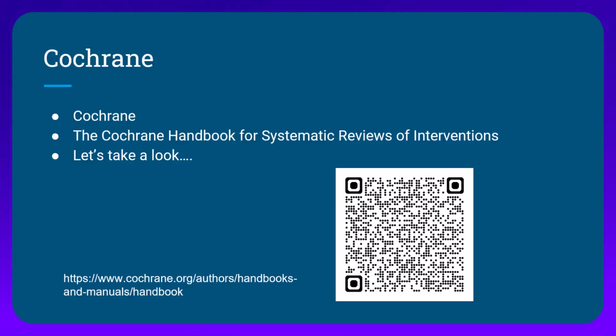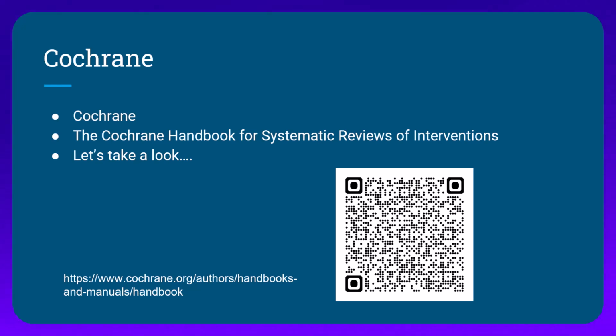The organization Cochrane, formerly called the Cochrane Collaboration, is one of the most recognized names in the world of systematic reviews. Their mission is to produce and promote high-quality systematic reviews of healthcare interventions. Reviews published under the Cochrane name are considered to be the gold standard in systematic reviews. Only the very best, done with the highest methodological rigor, are included.